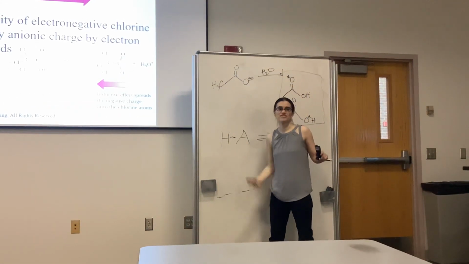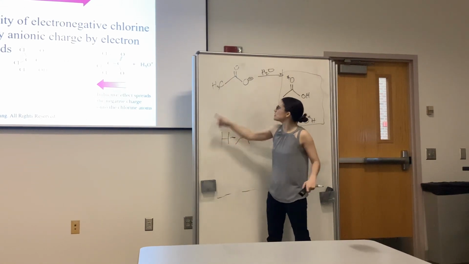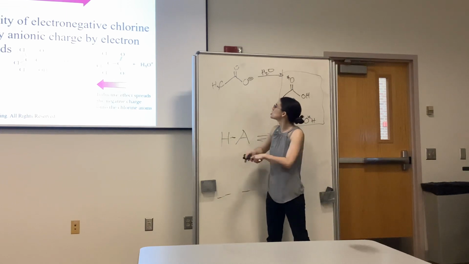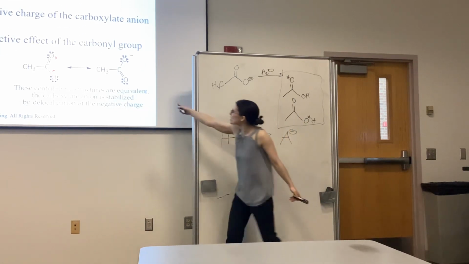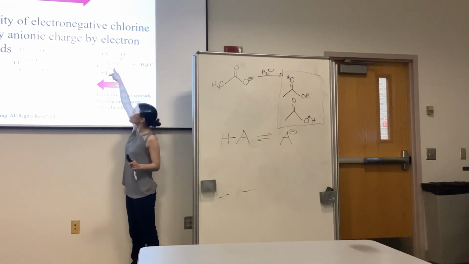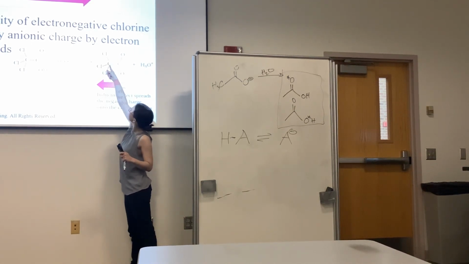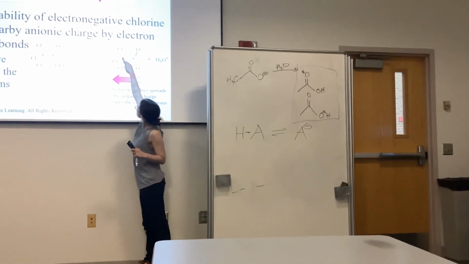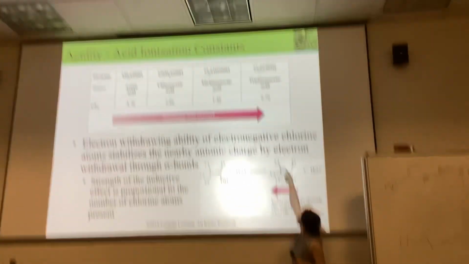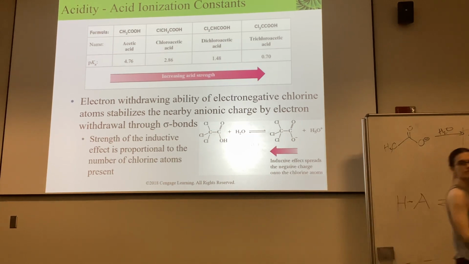Resonance is always way more important than sigma polar bonds. Resonance trumps everything, but they both have the same amount of resonance, so we're left to ask, is there anything over here that can help? These are polar bonds that are going to have more electron density down here, which means this carbon has less of its bond electron density around it, and can pull some of that negative charge away and stabilize it. Okay.